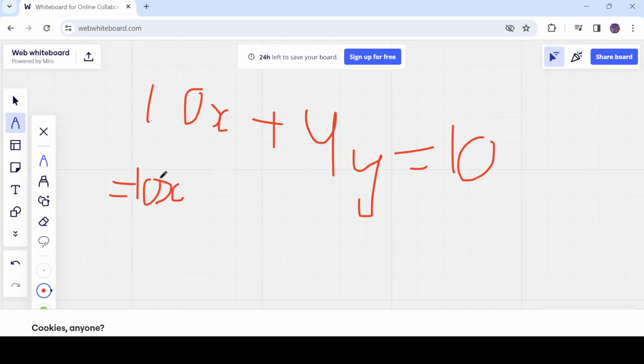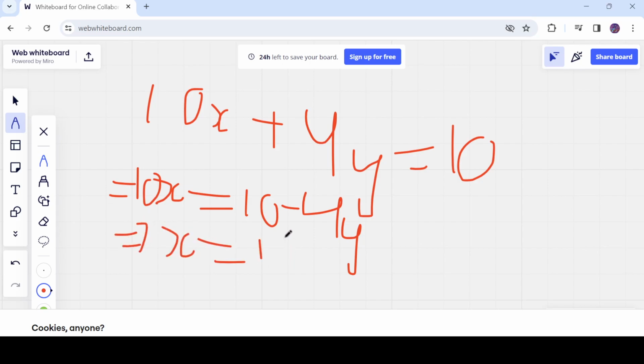In which case you'd have something along the lines of 10x is equal to 10 minus 4y, at which point you get the value of x by dividing the whole other side by 10, which is approximately, yeah, oh my god, it didn't shut off.